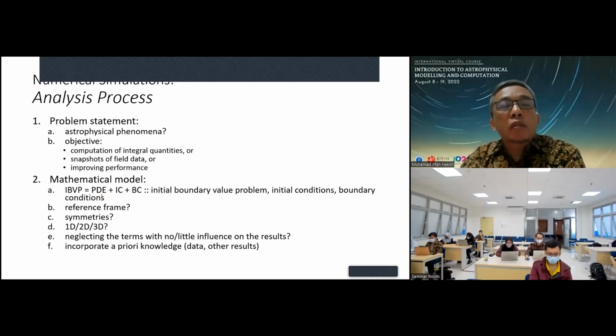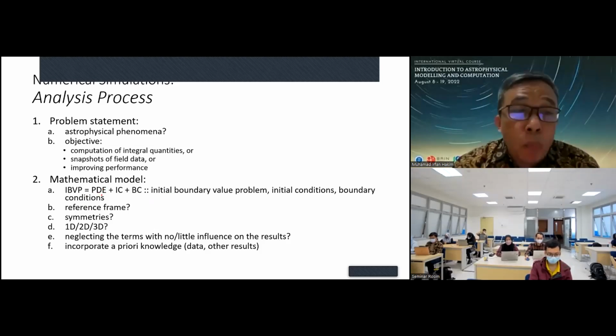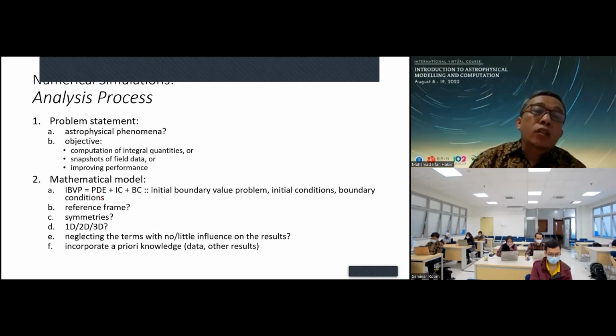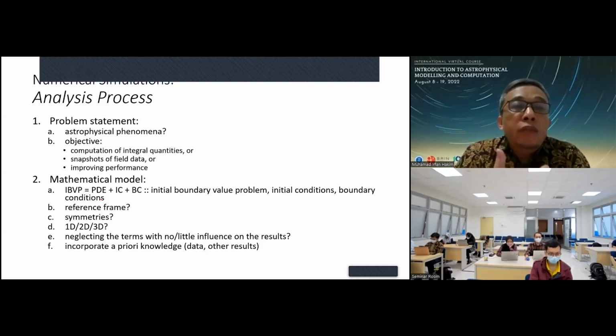And of course, the most important is partial differential equation. This is the real problem in astrophysical simulation. Not only ordinary differential equation, but we come to partial differential equation.